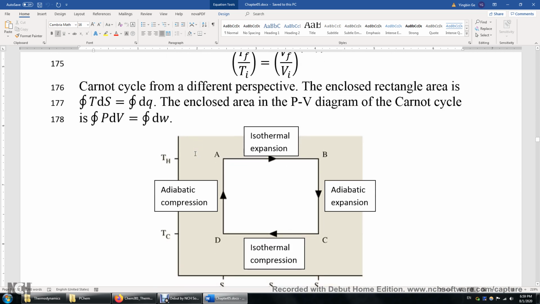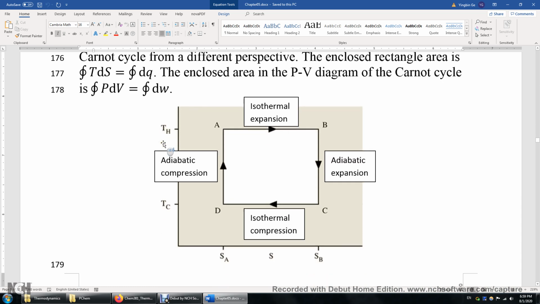Finally, let's revisit the Carnot cycle from a different perspective. Remember, when we looked at the Carnot cycle, we used a PV diagram. This time, let's use a TS diagram. The reason is very simple. The integral of PdV is work. The integral of TdS is heat in this reversible process.